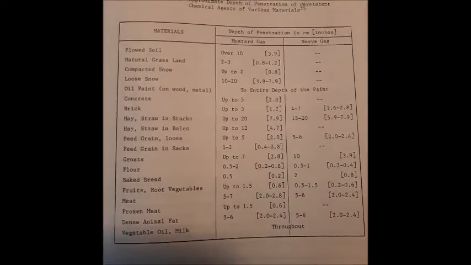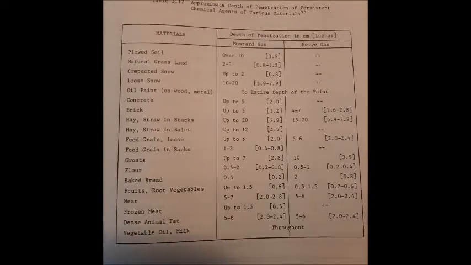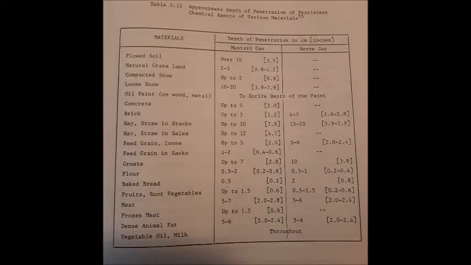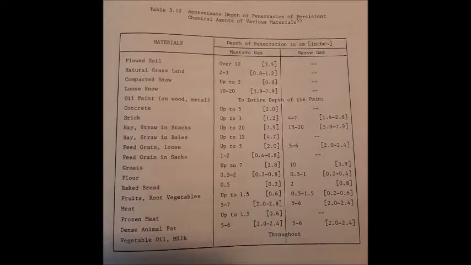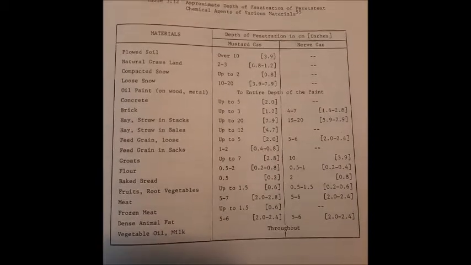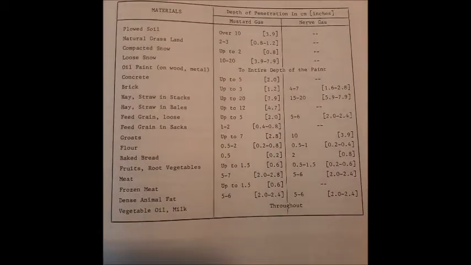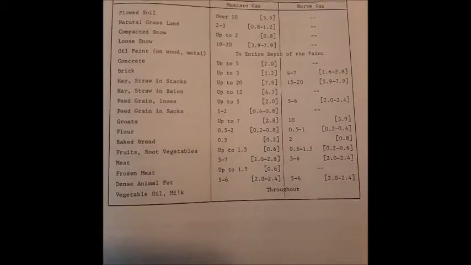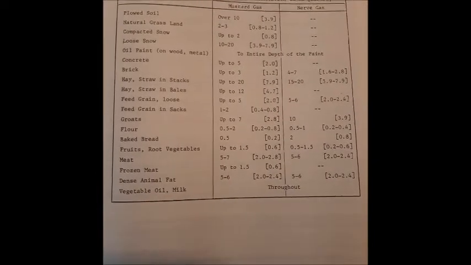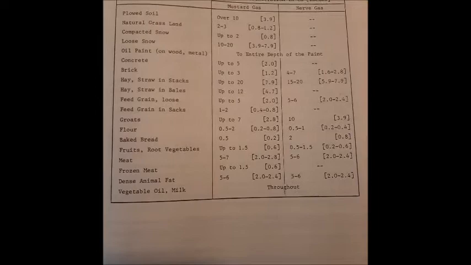So if you're looking here, what's interesting is it starts with soil that's plowed, natural grassland, compacted snow, loose snow, and then interestingly it goes on down and gets into agricultural materials. Here you're seeing how many centimeters of penetration a chemical agent would get into a stack of hay.